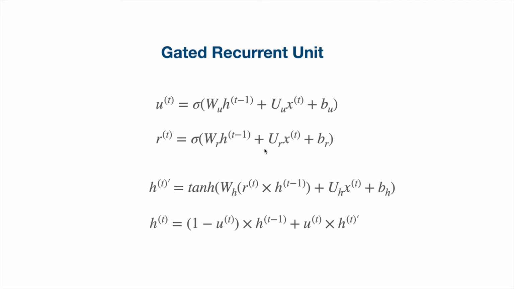The reset gate takes care of what information to forget. There is an intermediate hidden state which is HT dash, which is calculated based on update and reset gate, and that gets fed into this equation to form the final hidden state. Unlike LSTM, there is no memory state here and there is only hidden state.